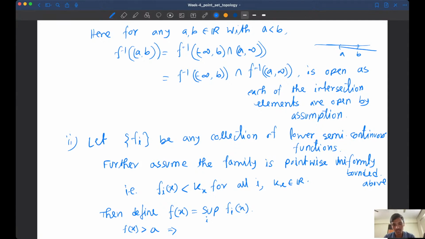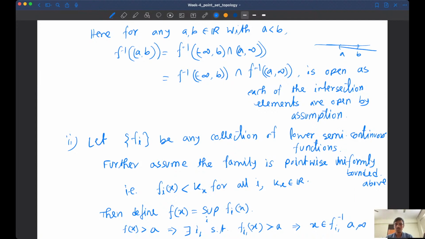So this implies there exists some i1 such that f_i1(x) must be greater than a, right? And so this again implies that x belongs to f_i1 inverse of (a, infinity).